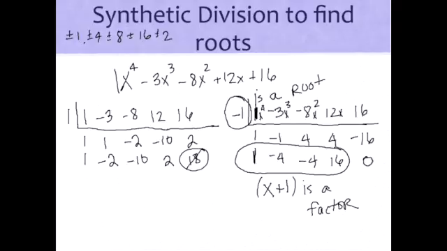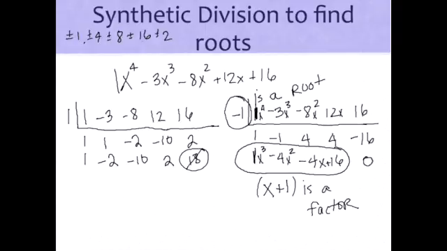So in my depressed equation, all of these powers are reduced by 1. So this is 1x to the 3rd minus 4x squared minus 4x plus 16.